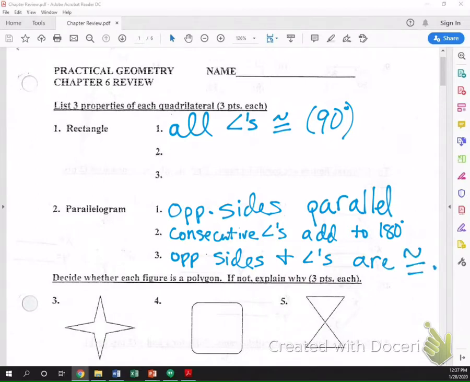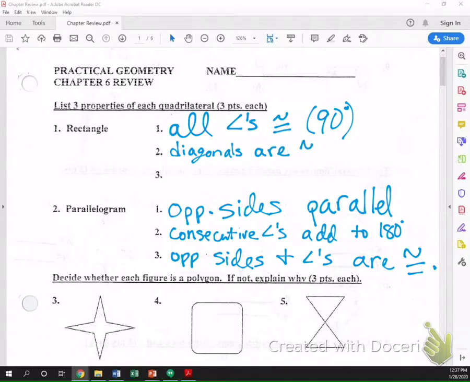All right. Do we know anything else about rectangles? Yes. Diagonals bisect each other. Yes, the diagonals bisect. That's actually true for both, but I'll put it up here. They're actually congruent too.